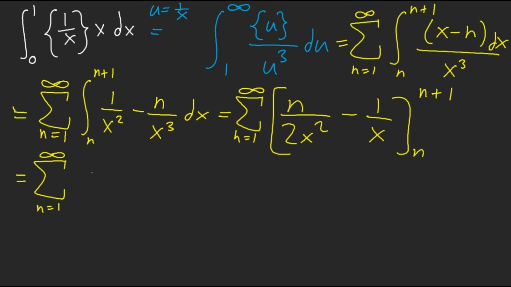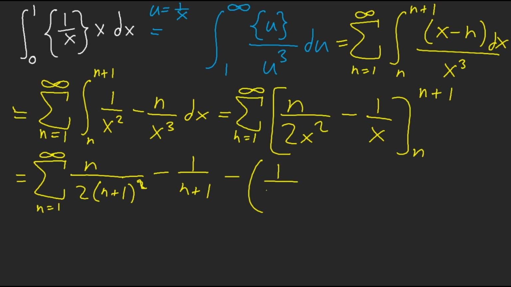We plug in n plus 1, we get n over 2 times n plus 1 squared here, minus 1 over n plus 1, and then plug in n. Oh shoot, I'm sorry, be careful, wait, we are subtracting. This is 1 over 2n, minus 1 over n. Okay.